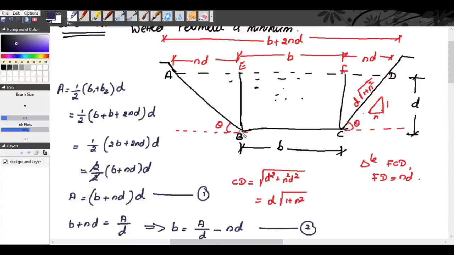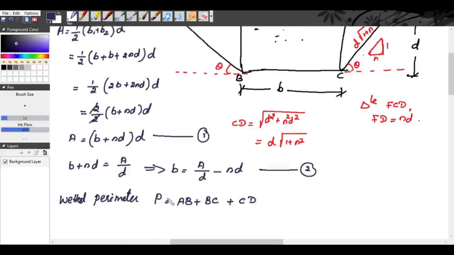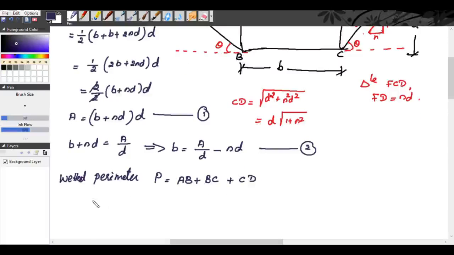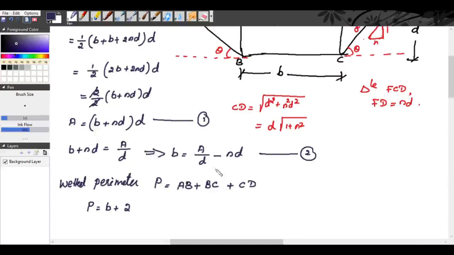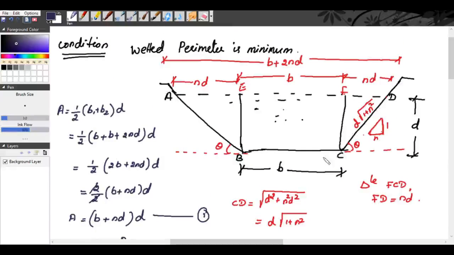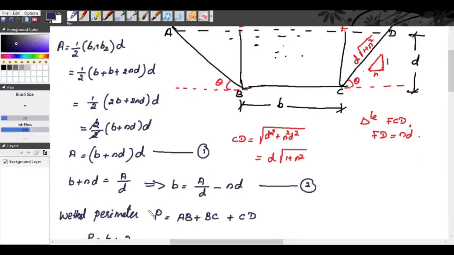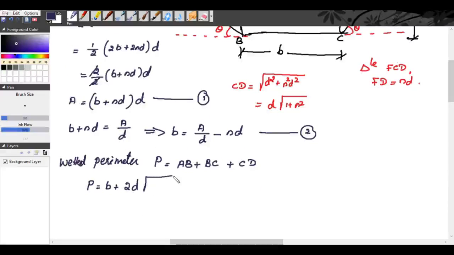So AB is equal to D into root of 1 plus n square. Okay. So it is B plus 2D into root of 1 plus n square. So P is equal to B plus 2 into, because we have two sloping sides, 2D into root of 1 plus n square.